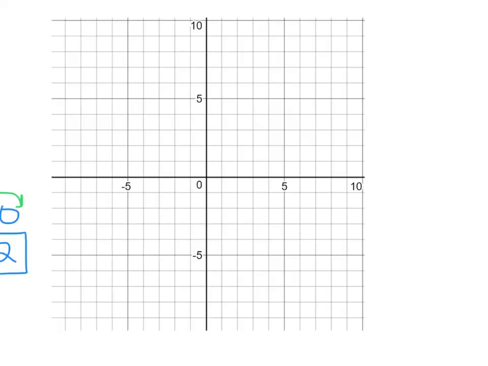Now that we've gotten our vertex and both of our values for the x-intercepts, we can take those points and plot them onto our Cartesian plane. So our vertex was located at 3 and 2. So I'm going to take my pen and put a dot on my vertex of 3 and 2. So I've gone ahead and placed a dot on my vertex.